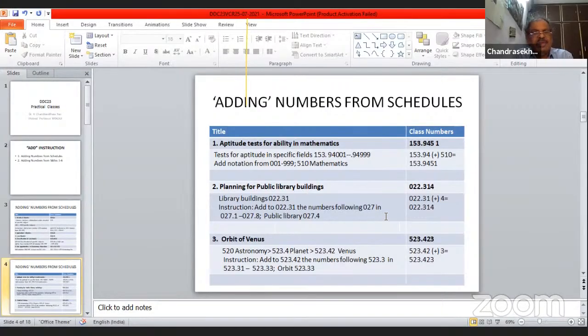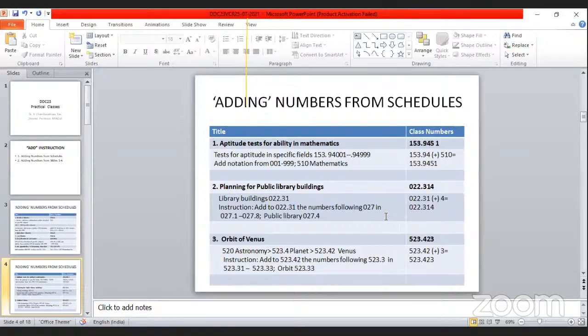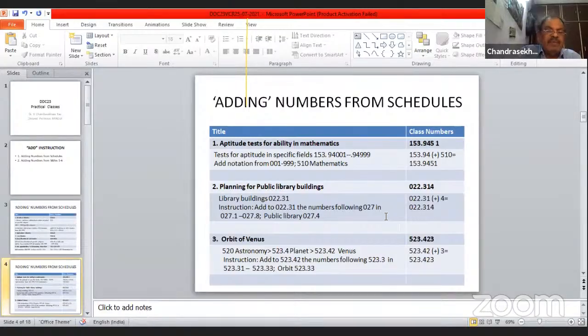If you go to the schedules, 523.42 is Venus. Here there is an instruction. For orbit, you have to add the number for the orbit. The orbit number is given somewhere in the same schedules in astronomy. So add to 523.42 the numbers following 523.3 in 523.31 to 523.33. Orbiting, what is the number for orbit?